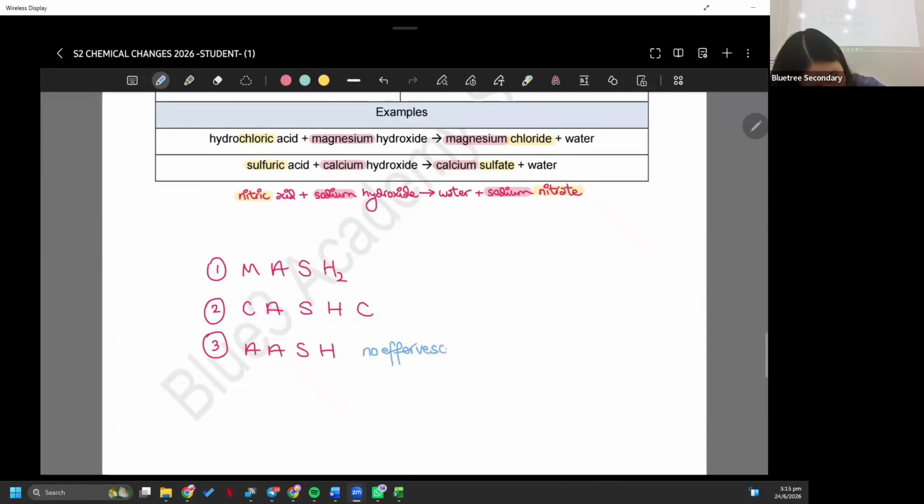What is effervescence? Effervescence, not just carbon dioxide, means that there is a gas produced. In metal plus acid, what gas do you get? Hydrogen gas. This is effervescence. In the second one, carbonate plus acid, the gas is carbon dioxide. So only acid plus alkali doesn't have any gas.